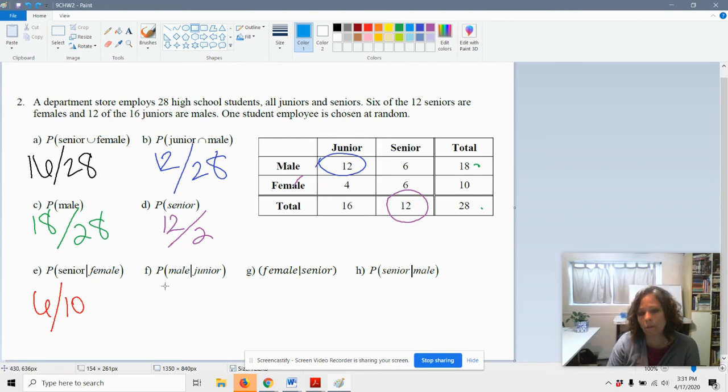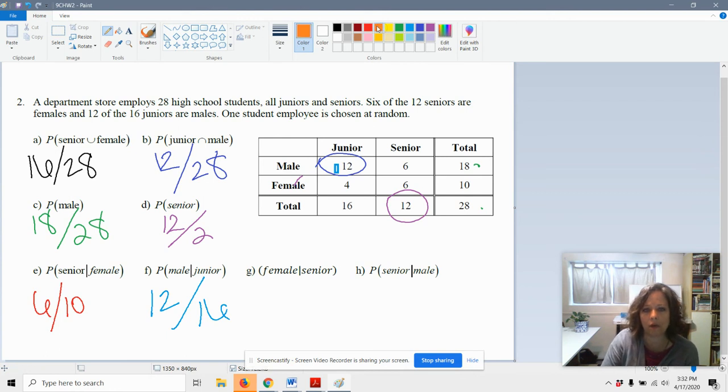The total number of males just in that junior data is 12. That's how many junior males we have. The total number in that category, our total possible outcomes, given that they're a junior, is 16. Okay? So really easy.